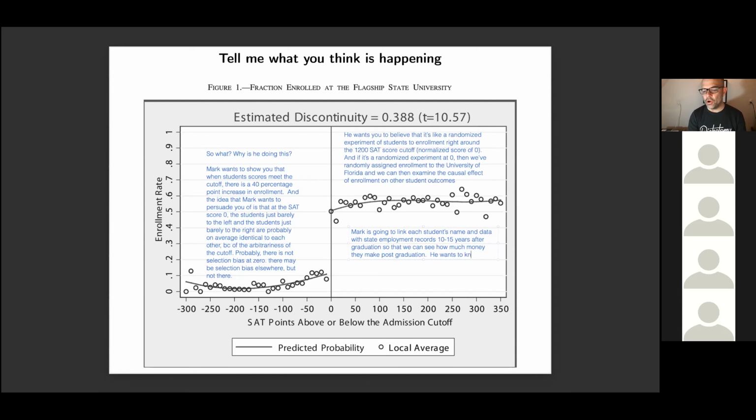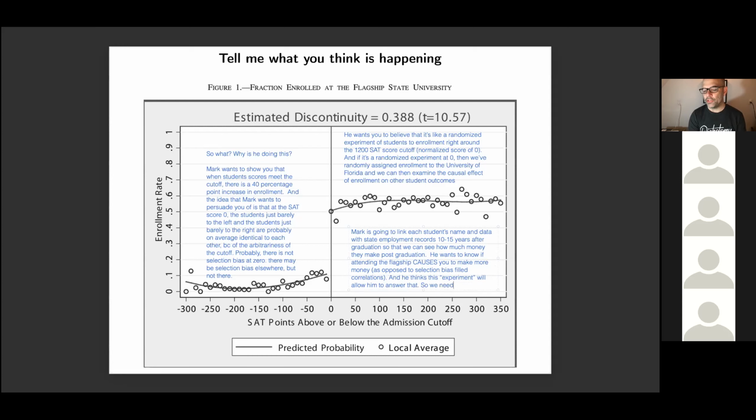He wants to know if attending the flagship causes you to make more money, as opposed to selection bias filled correlations. And he thinks this experiment will allow him to answer that.